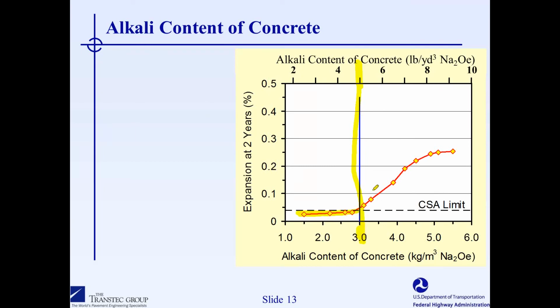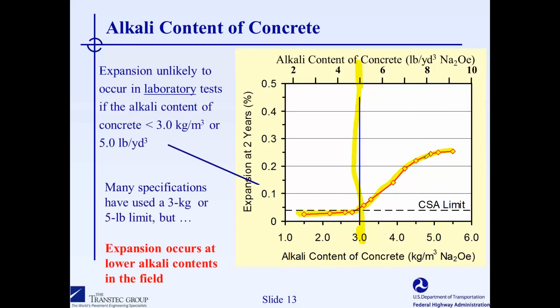If we're below this threshold, we get very little expansion, no significant or damaging expansion, and as we increase the alkali content above this level, we get an increasing amount of expansion. Every aggregate would be expected to have a different threshold content for expansion. This one here is shown to be about 5 pounds.